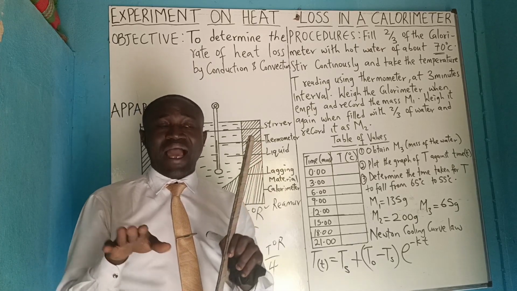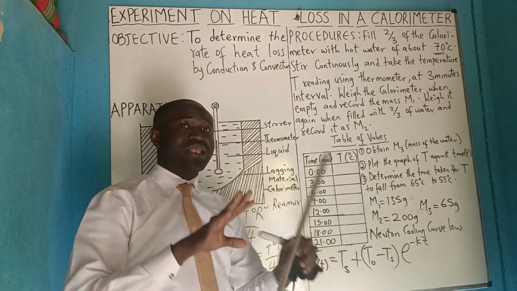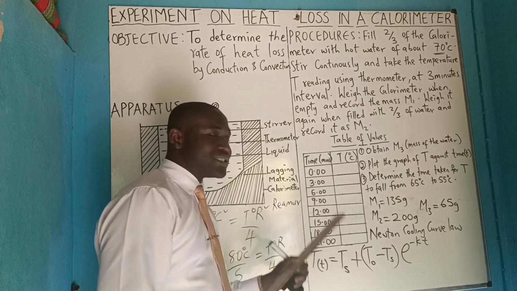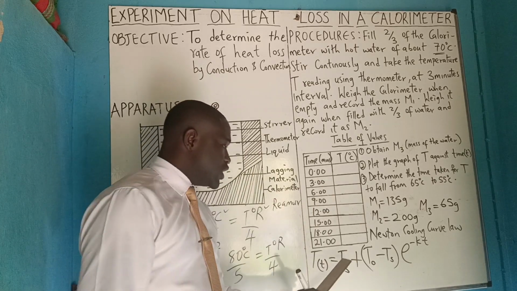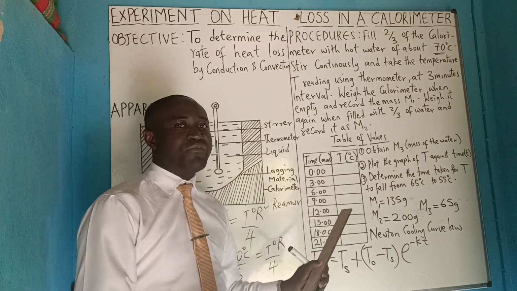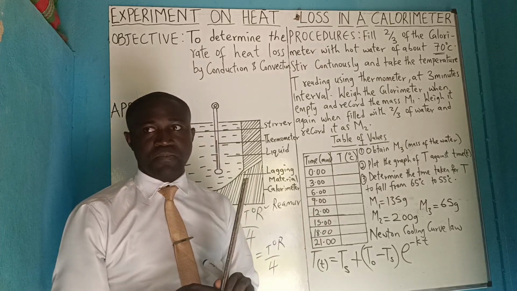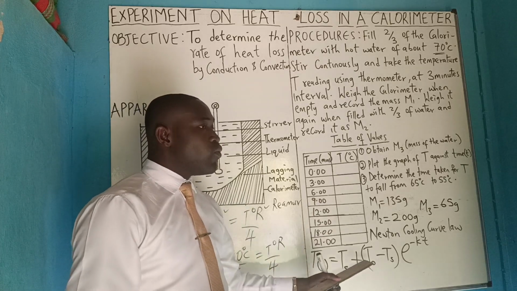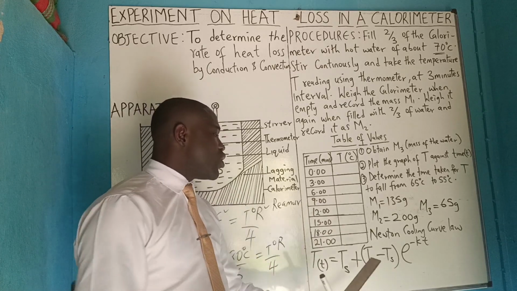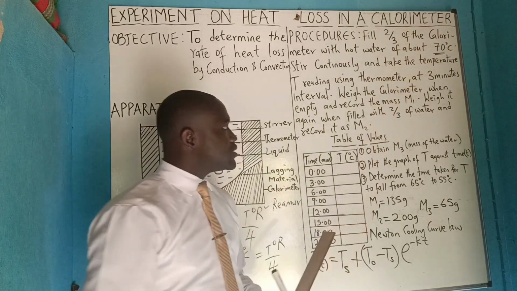So I did this experiment in the room, and I noticed the temperature of the room, T_S, is 27 degrees Celsius. It will have its effect on the rate of heat loss we talk about. Then T_0 is the starting temperature, in this case 70 degrees Celsius.